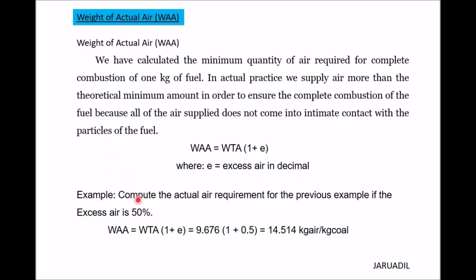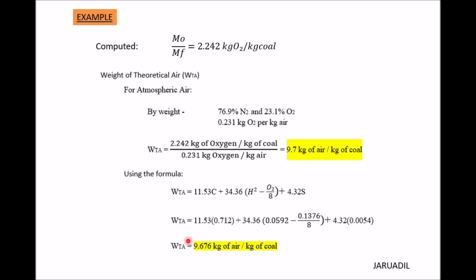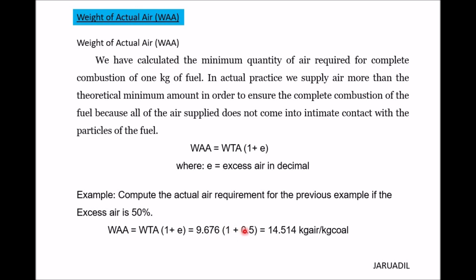For example, compute the air requirement for the previous example if the excess air is 50%. So if you want to have 50% excess air, para magkaroon siya ng complete combustion, masiguro mo na magkakaroon ng complete combustion, then we use this equation, WA is equal to WATA times 1 plus E. So our computed air, 9.676, using this formula, multiplied by 1 plus the excess air, 50%, so 0.5.